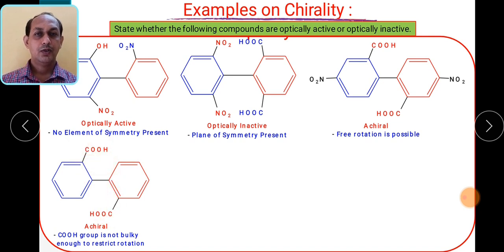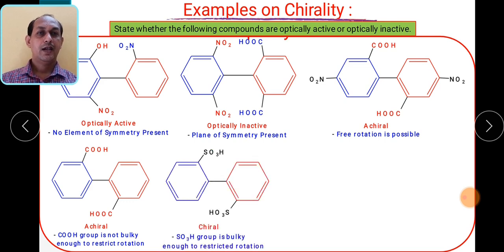So free rotation is possible, as we know that the COOH group is not bulky enough to restrict the free rotation. So ortho substituents must be at least 3 or rather 4. There are some exceptions where, with 2 substituents only, they can exhibit it, but you should have bulkier ortho groups present in order to have chirality.